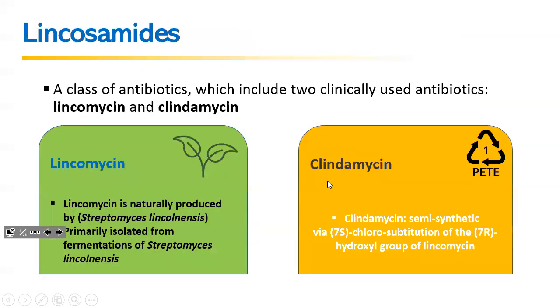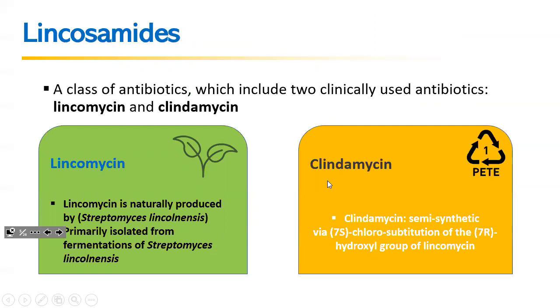Now let's move to the lincosamides. The lincosamides include two antimicrobials, and both of them are extracted from Streptomyces, similar to the aminoglycosides and vancomycin. So Streptomyces is a good bacterium.